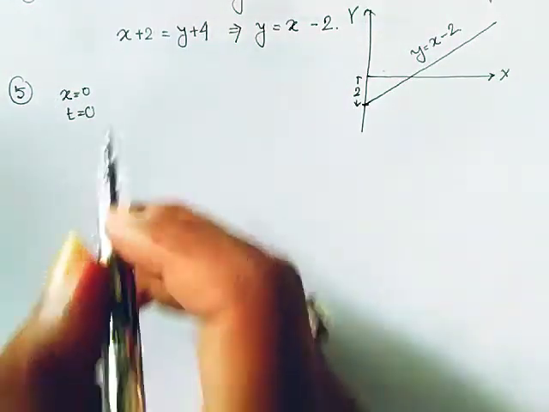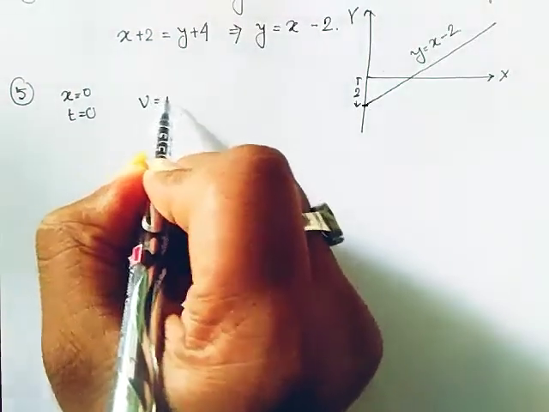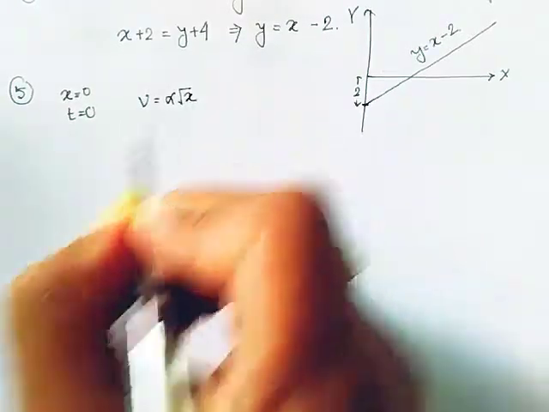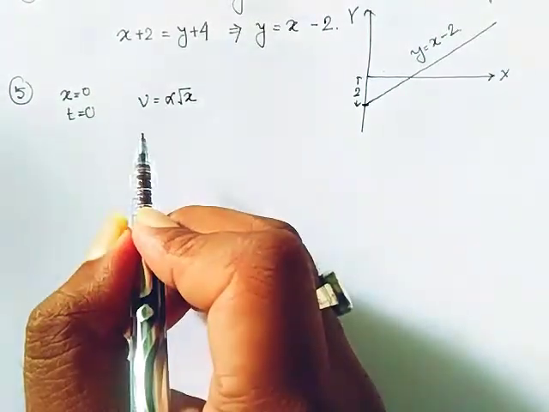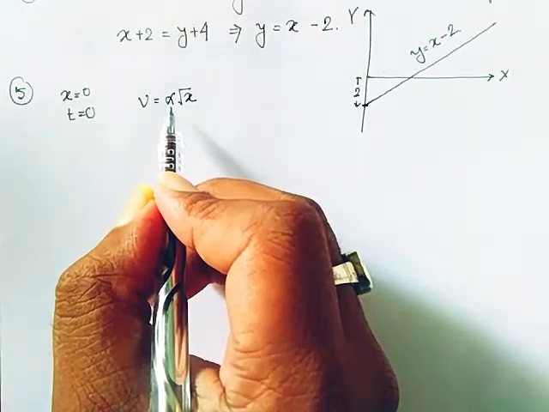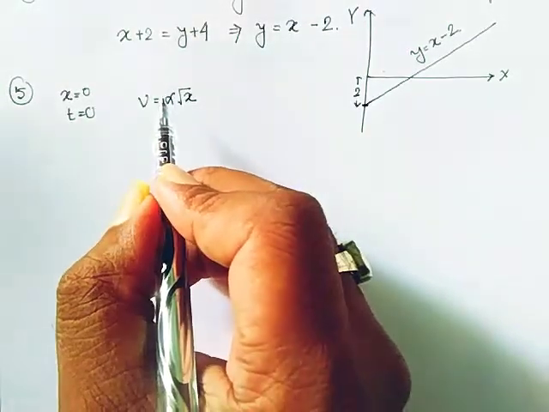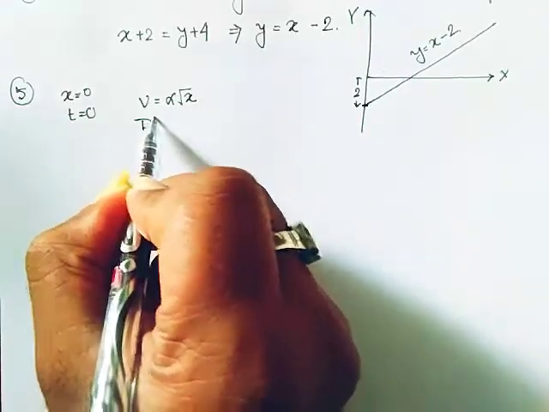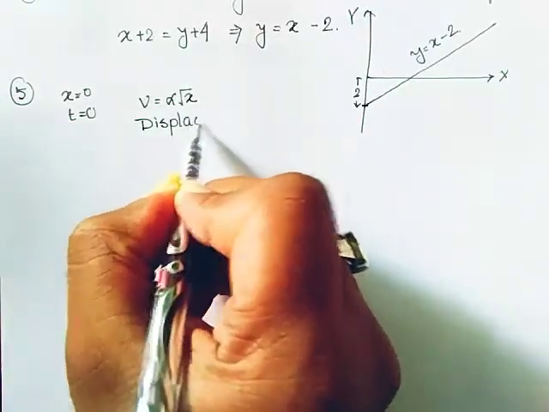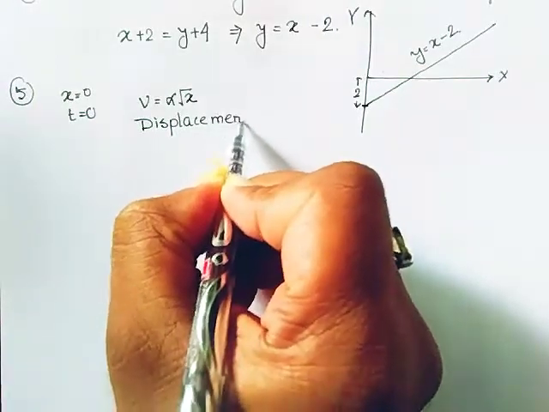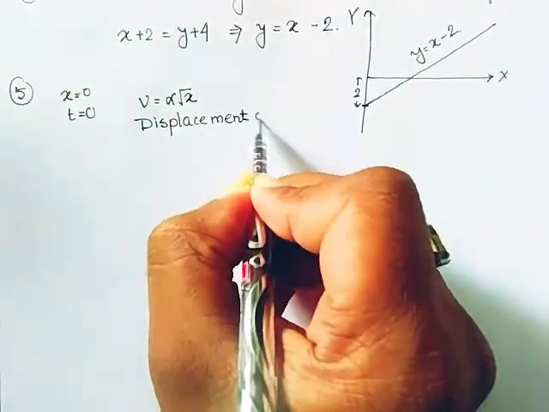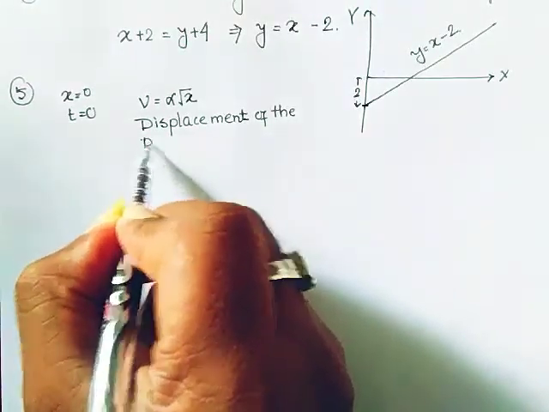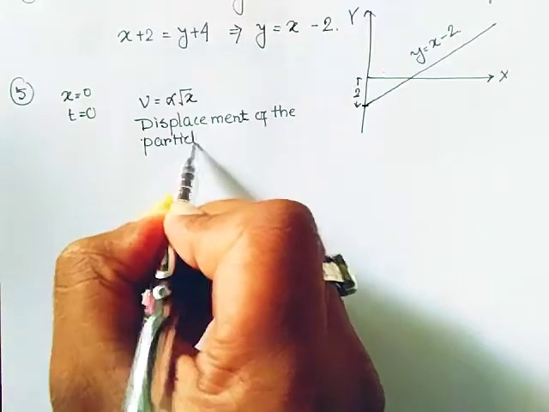Now the equation of motion is given as v equal to alpha root over x, where alpha is a constant and obviously its dimensions you can determine, and you have to find out the displacement of the particle, the equation of displacement of the particle.